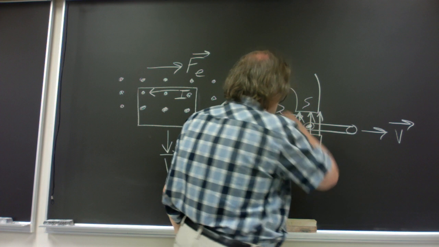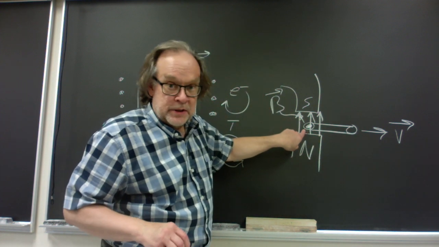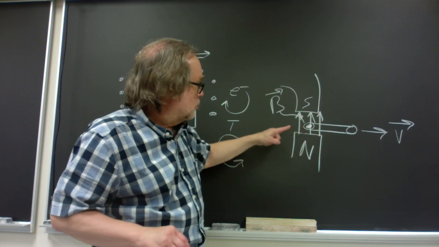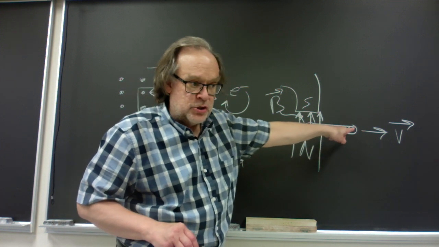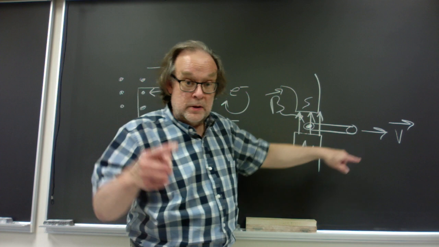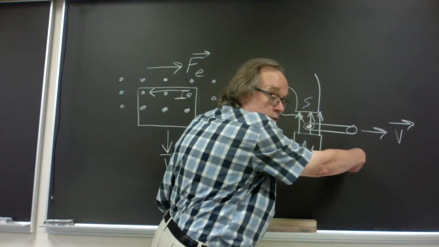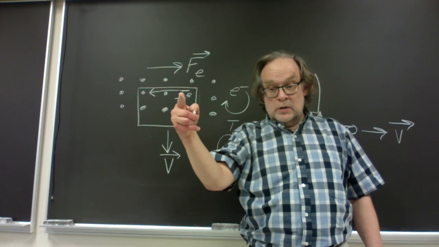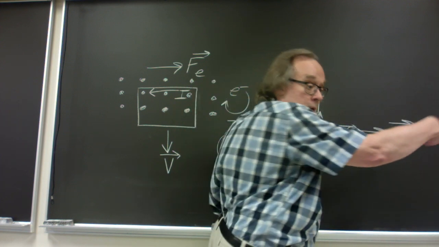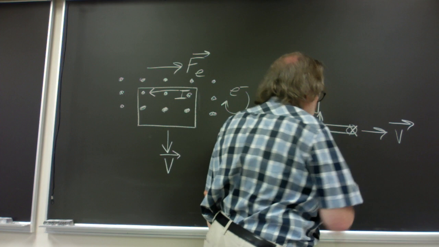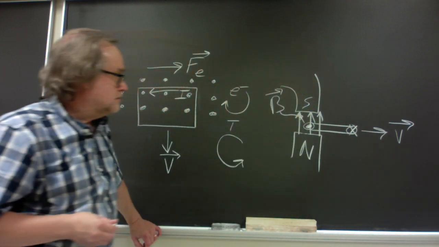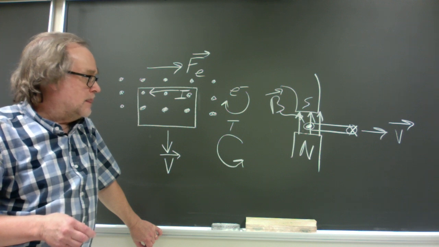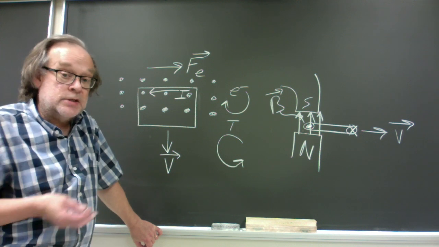So there's our symbol for something that's pointing at you, perpendicular to the paper, and then the current will move this way. And so here on the right side of the loop, the current will be moving away from you, pushed towards you on the left side of the loop, and then away from you on the right side of the loop.